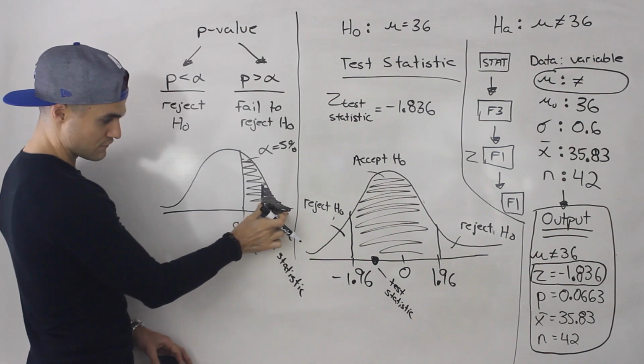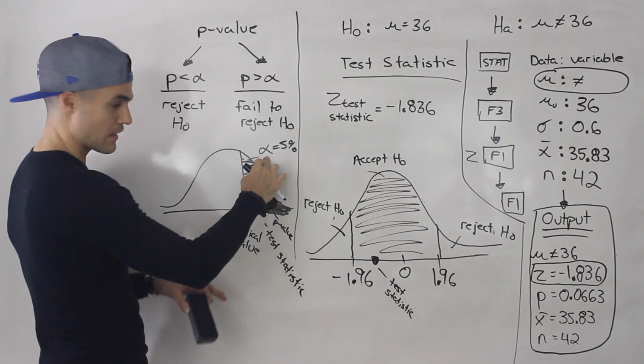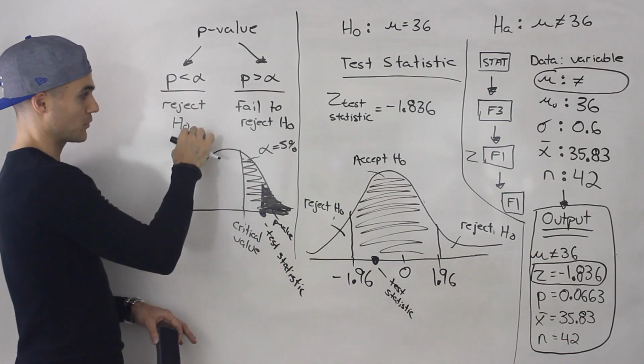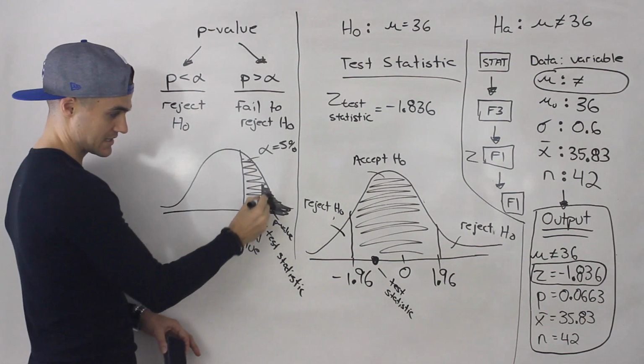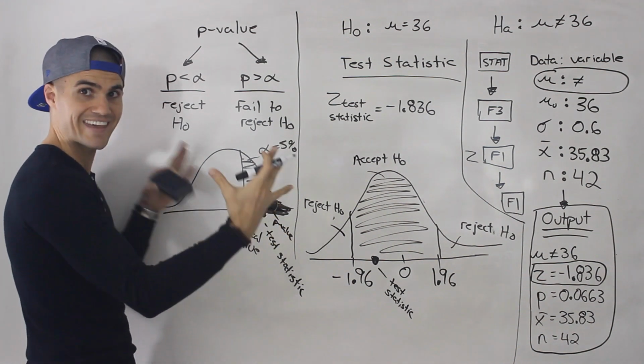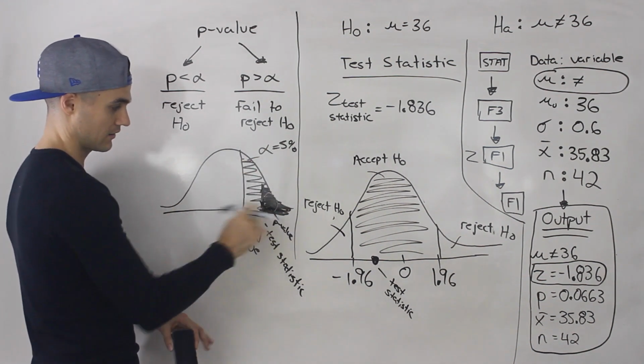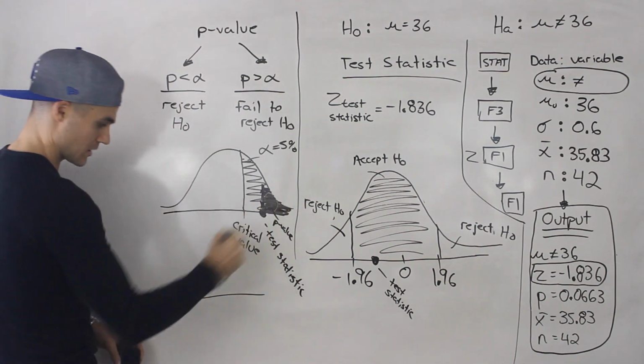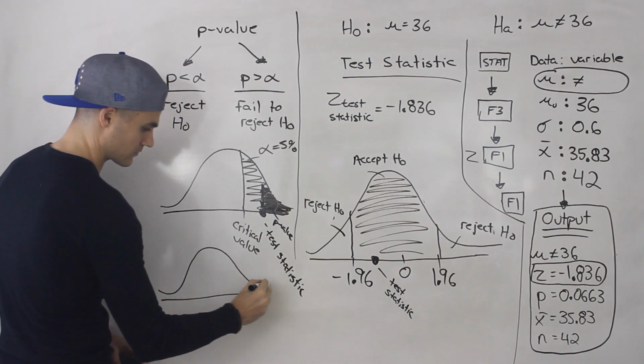So notice if the p-value is less than the significance level, then we're going to reject the null, which makes sense because that p-value is kind of like within that significance area. Versus, let's say that the p-value is greater, like we got in this case.